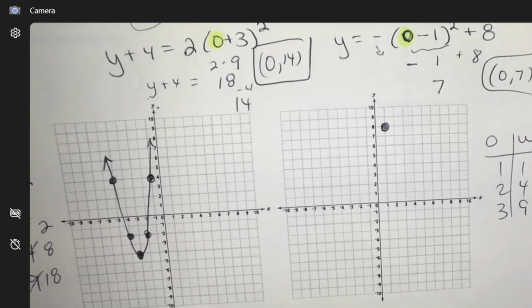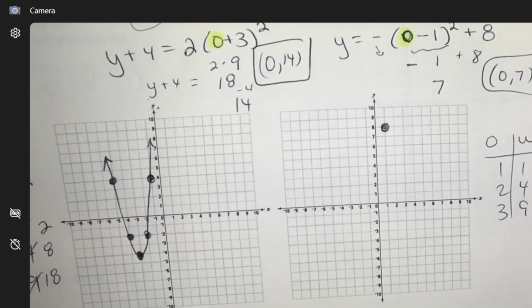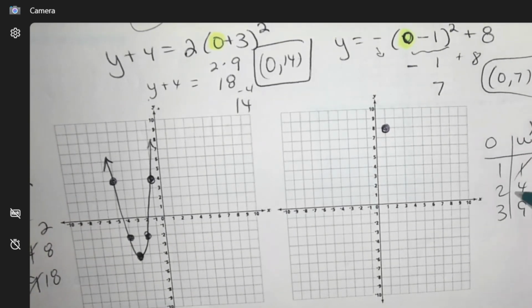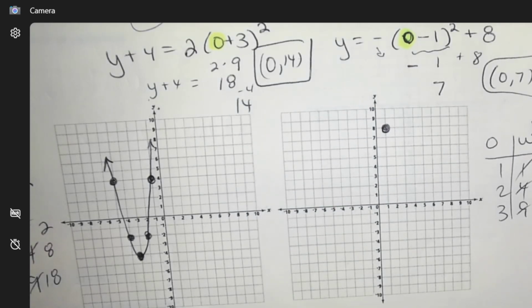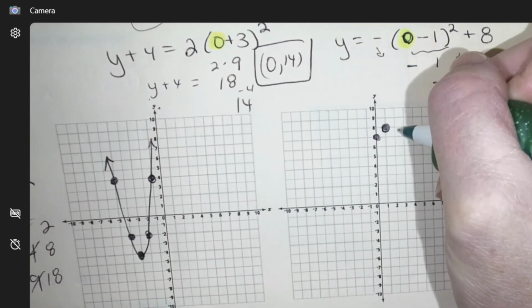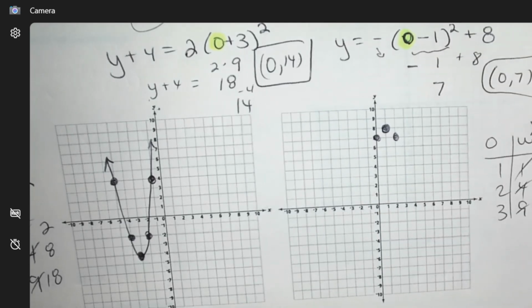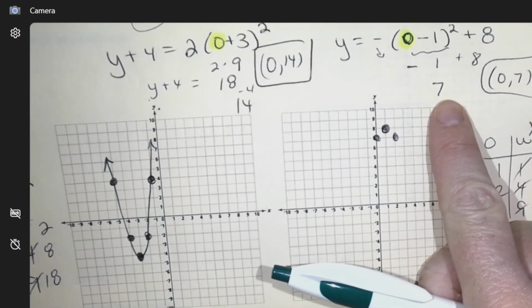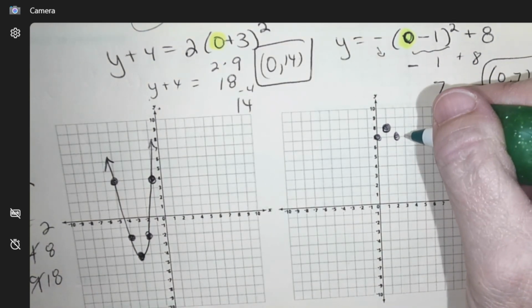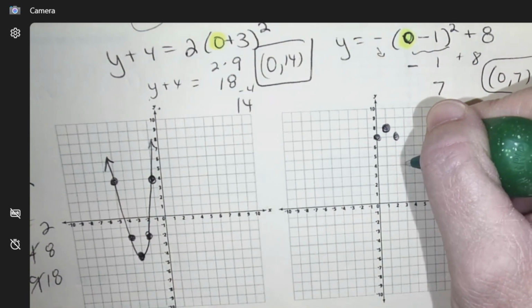Normal relationship 1, 1, 2, 4, 3, 9, but our slope, we had a -1. So I'm going to move 1 over, 1 down. Nice. Got a y-intercept of 7. Match. Reset. 2 over, 4 down.